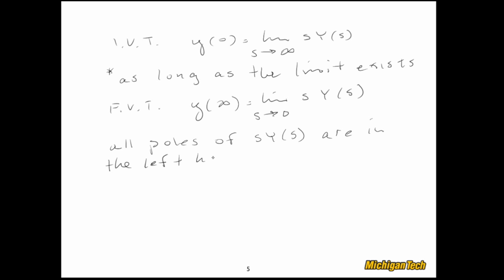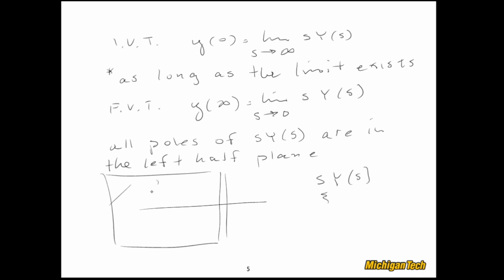I'll write it out: left half plane. What this means is if I were to plot a pole zero diagram of s times y of s, making sure I do all the cancellations that are possible, my poles have to lie over here, where this is the real and this is the imaginary axes.